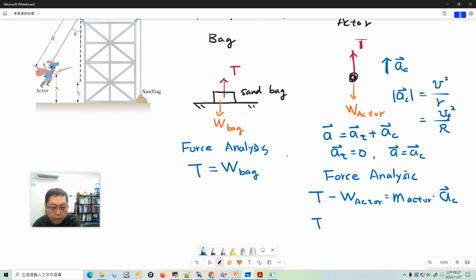We will have T minus W actor equal to M actor times vF squared over R.